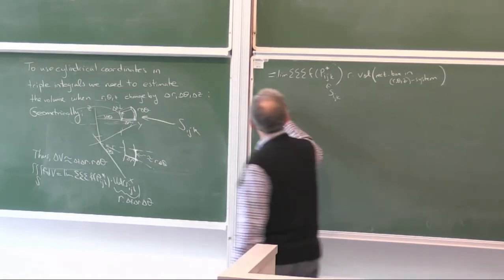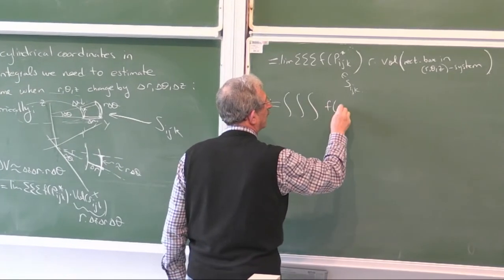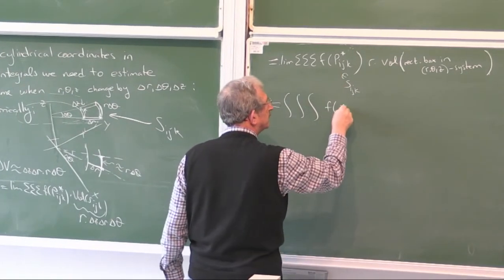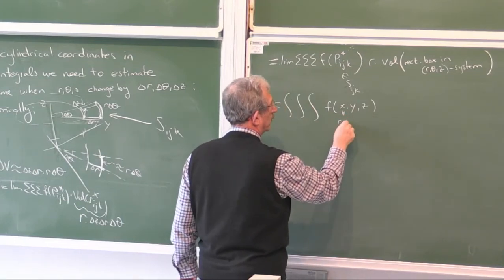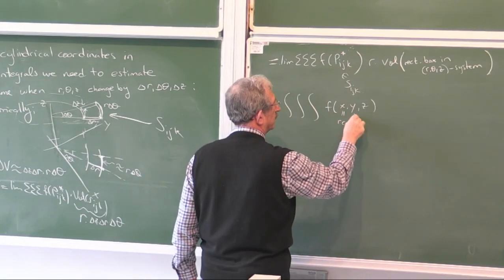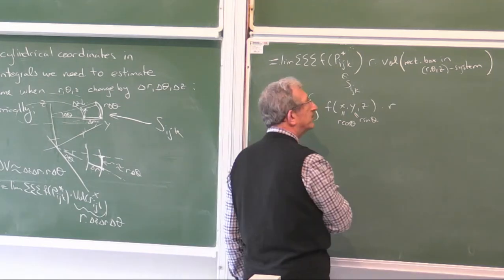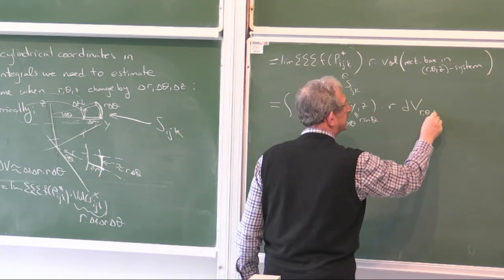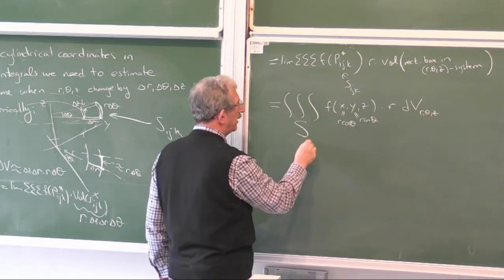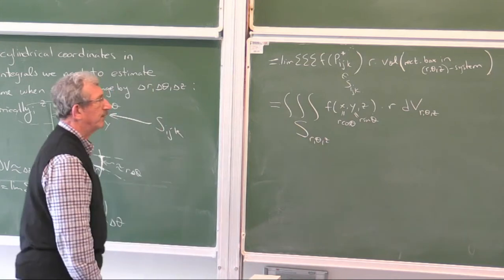In other words, this is a triple integral of f of x, y, z, but you have to change them into cylindrical coordinates. Z is Z. You get an r for extra, and then you have dV in the r theta Z system, and here S in the r theta Z system.